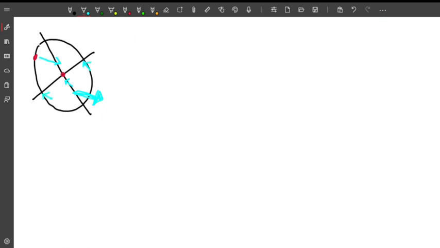Then I told you that here is the negative, here is the positive. So this was your conduction vectors. This is how impulses travel through your heart. All right.